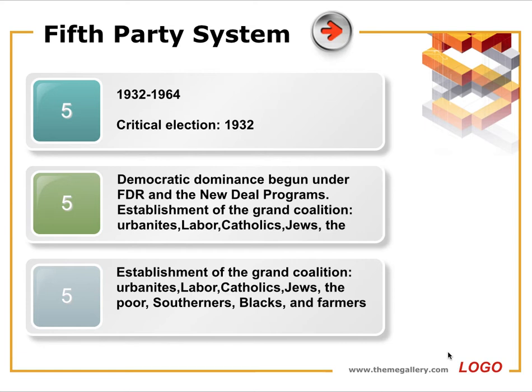And as we go from the 1950s onwards, some of those groups begin to lop off. Farmers start to go, urbanites start to go, and then ultimately Southerners go. So what you have left are blacks, Jews, labor, and urbanites.